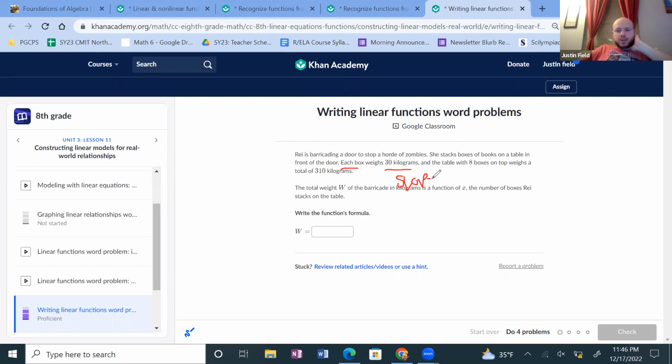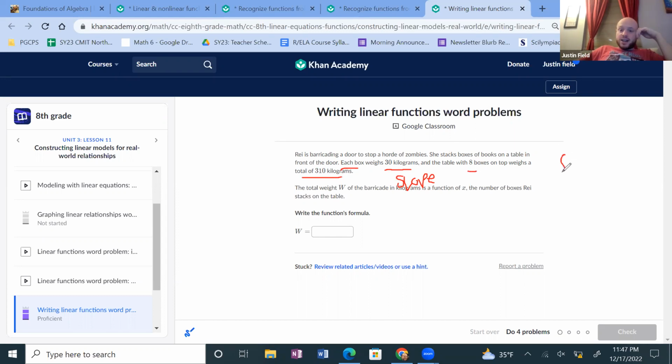Possibly. I'm writing with my mouse. The table with 8 boxes on top weighs a total of 310. So I know my y-intercept would be like the table by itself, before any books were put on it at the start. But this is the table with 8 boxes.